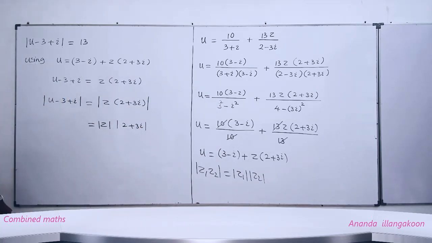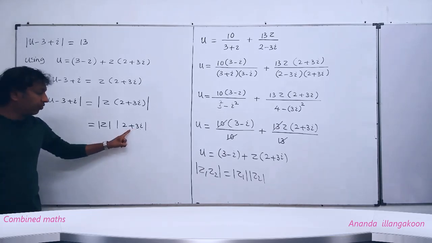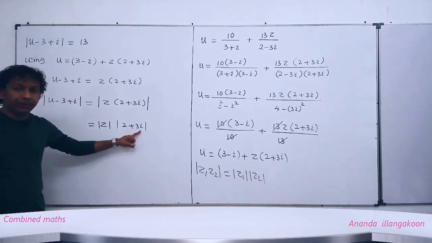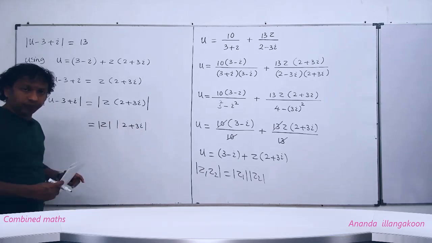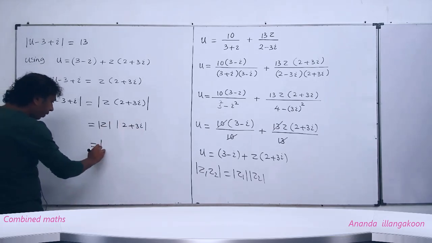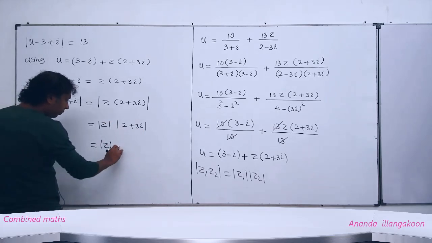People, the modulus of this complex number 2 plus 3i: how to write the modulus of a complex number? 2 plus 3i is a complex number. Its modulus means the square root of the real part squared plus the imaginary part squared, no? Right. So then I can write mod z times this, which is root 13.